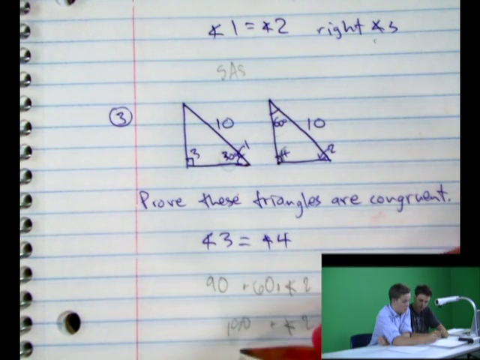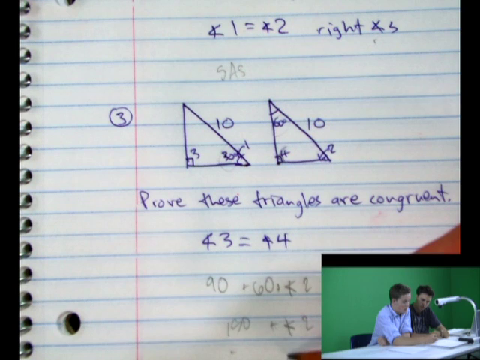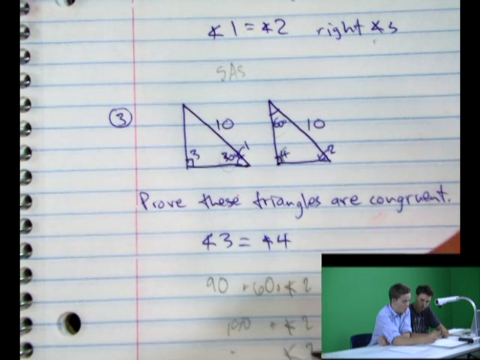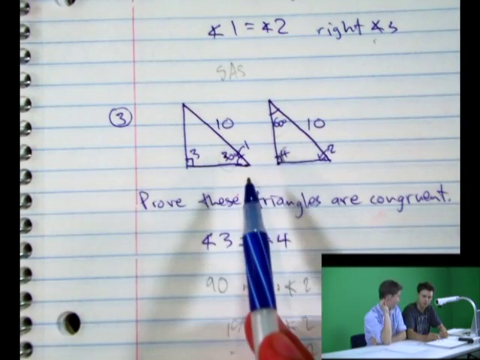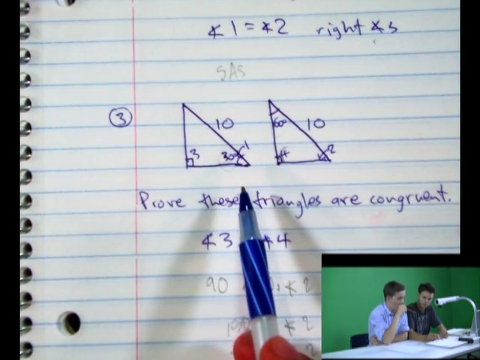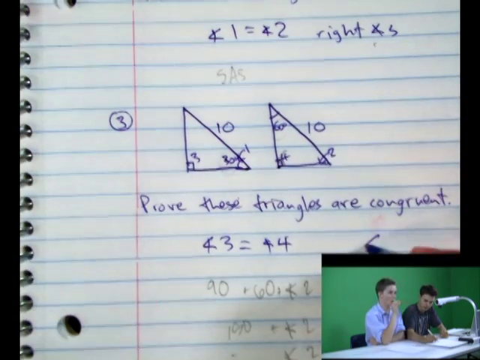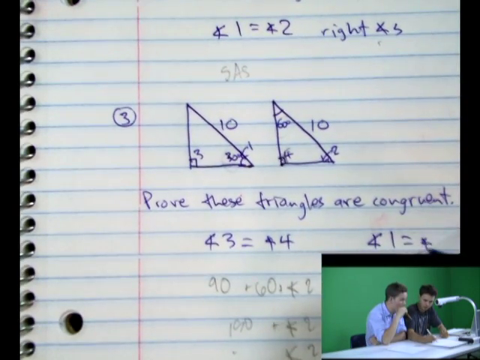So if you subtract 150 from both sides, you get angle 2 equals 30. And what does angle 1 equal? Angle 1 equals 30. So angle 1 equals angle 2.